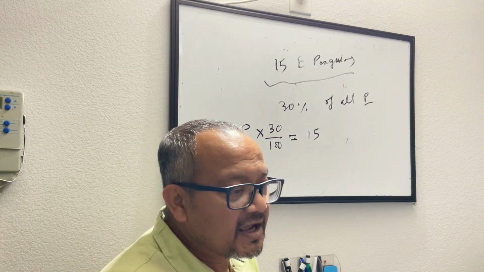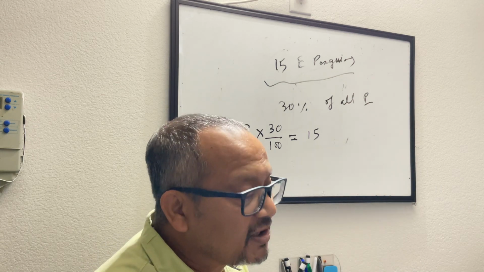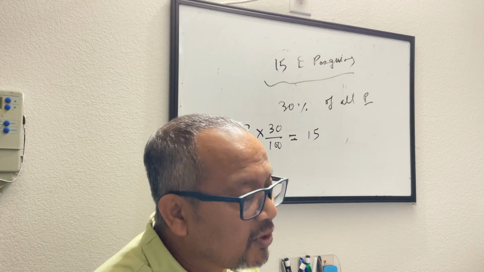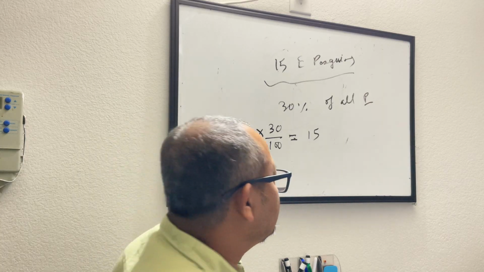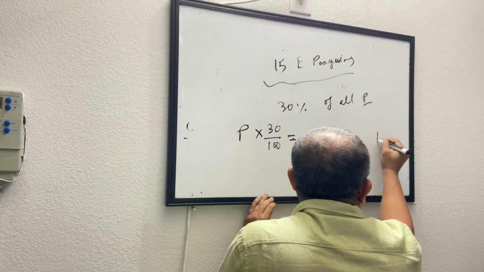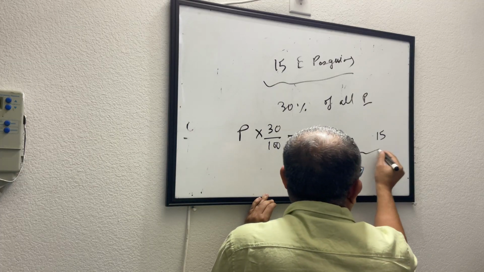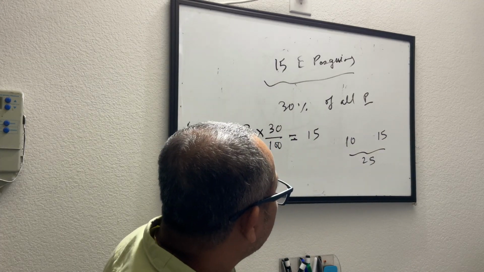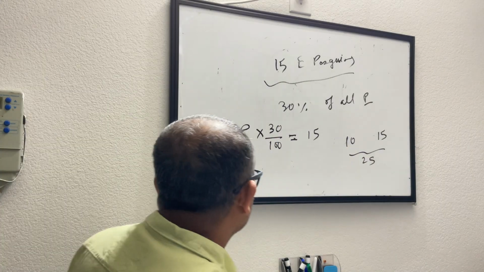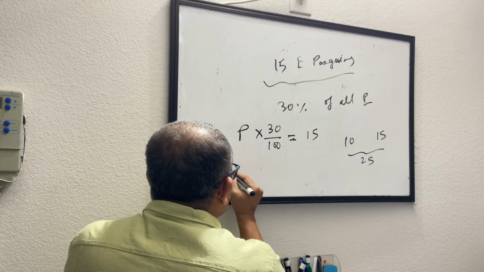It's like this. Let's say in your class there are 25 kids and there are 10 boys. So people will say, okay, there are 10 boys and there are 15 girls. Total 25 kids. What is the percentage of boys in the class? Let's say this is X percent.